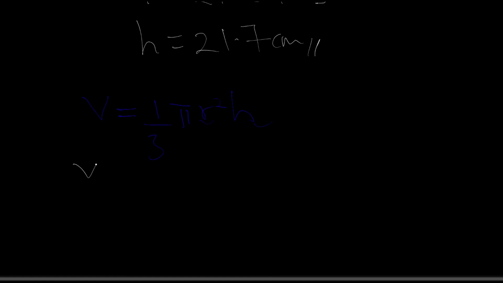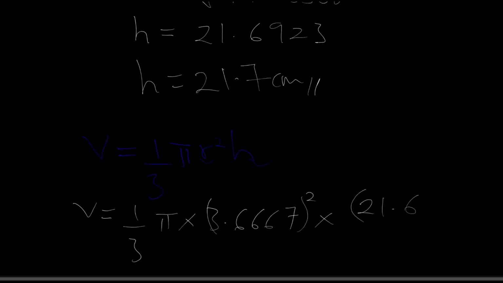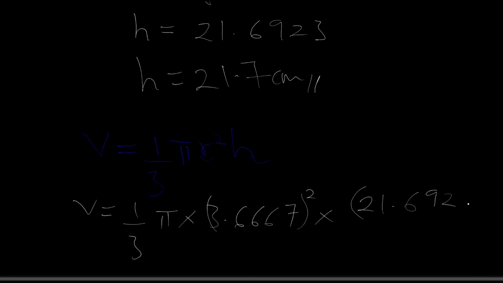So V should be equal to 1 over 3 pi times r, which is 3.6667. Remember, we use the raw value for r, and we do the same for h. The raw value for h instead of the approximated one is 21.6923.